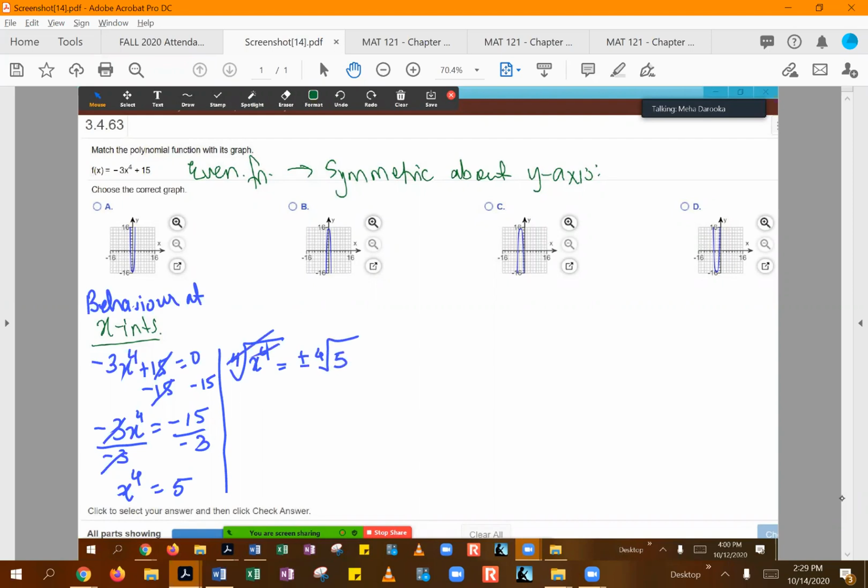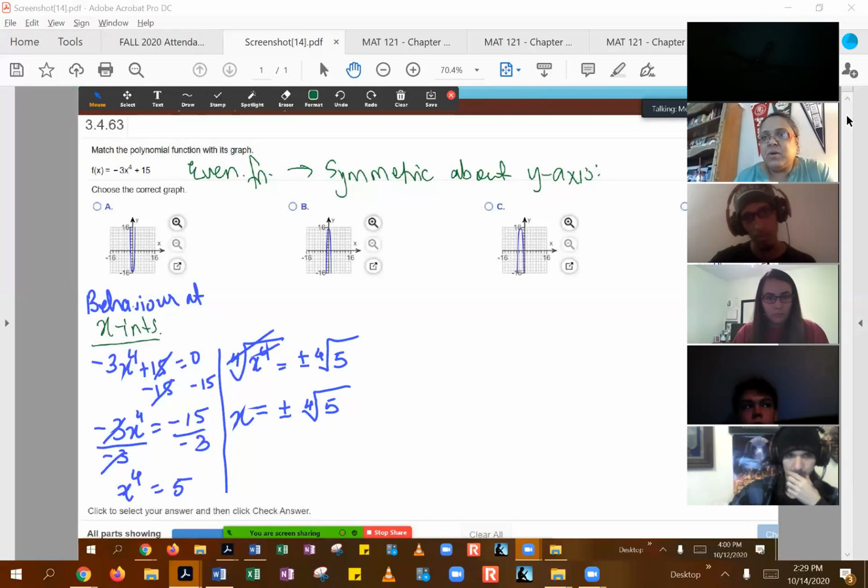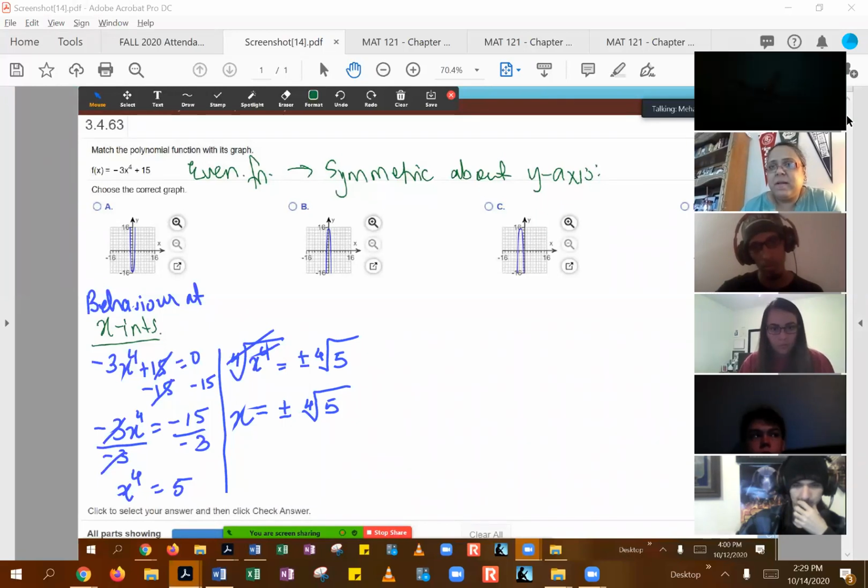So your fourth root will cancel out the fourth power, leaving us behind with x, and we will have plus or minus the fourth root of 5. And just so we know where on the graph this point will be, you can find the decimal approximation for fourth root of 5. Do you know what that number will come out to be when we take the fourth root of 5?